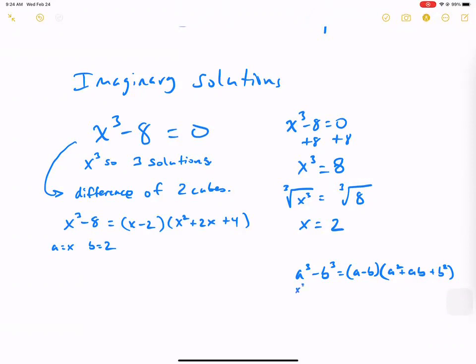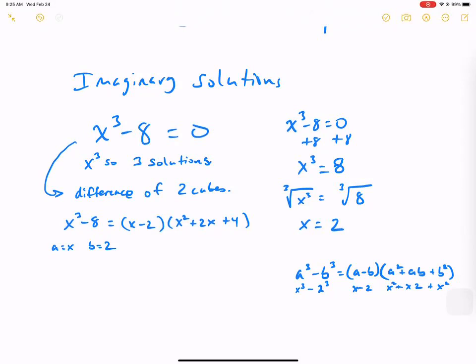So this will be X cubed minus 2 cubed, just copying down the values. And this would be squared, squared, then plus, plus, and minus.